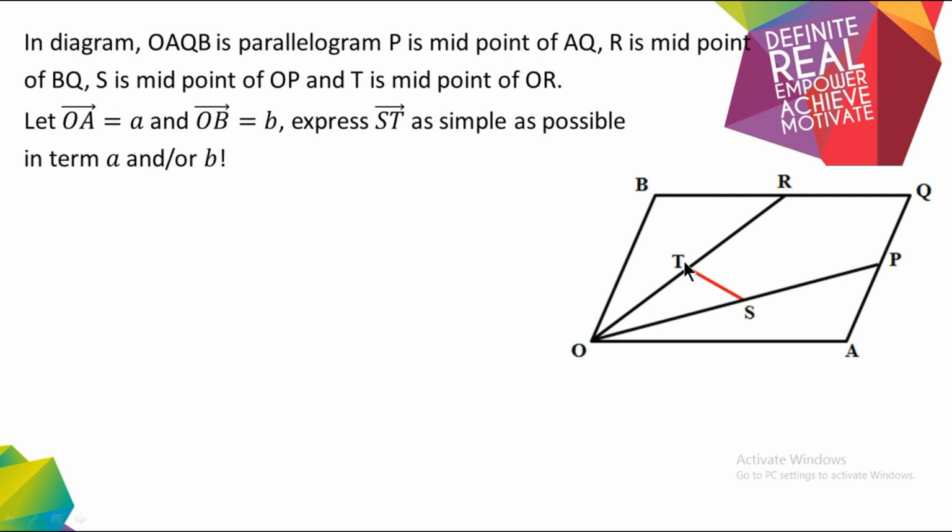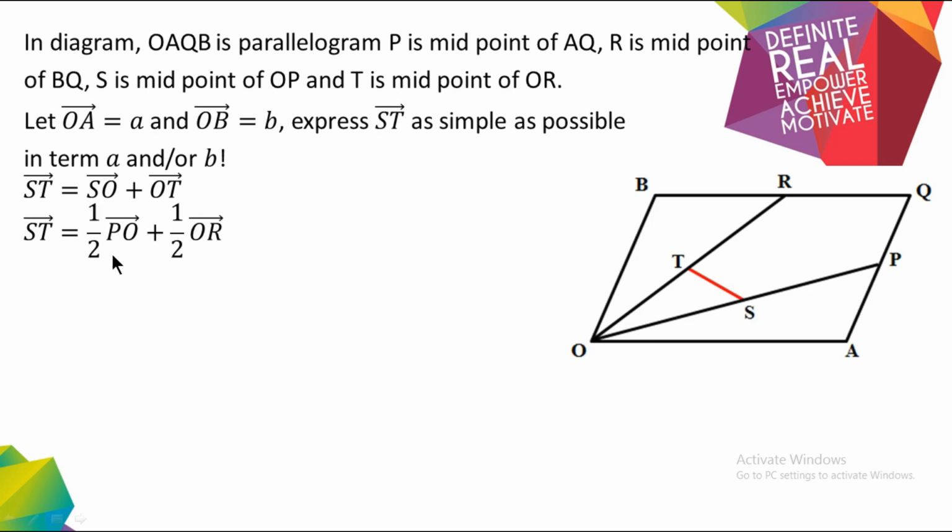Okay, now we are going to express vector ST. See vector ST as a resultant vector. Vector ST is the resultant of SO plus OT. So ST equals SO plus OT. Now, SO is a half of vector PO because S is the midpoint.